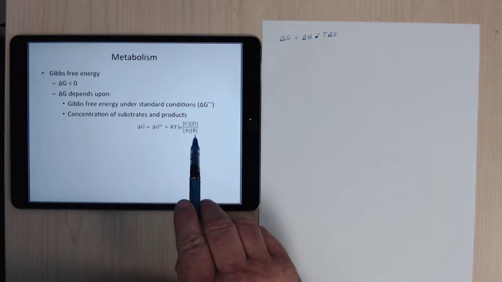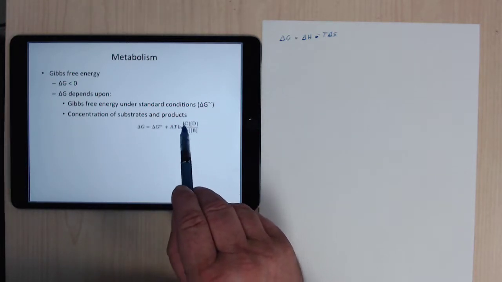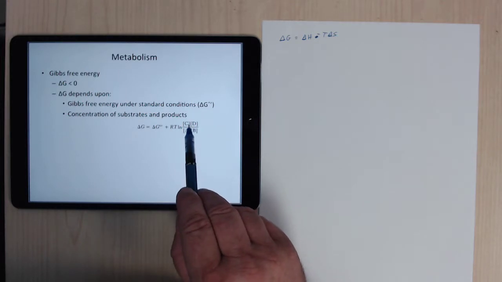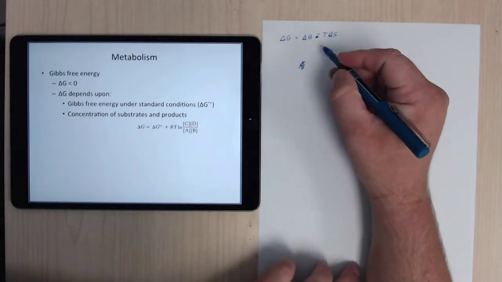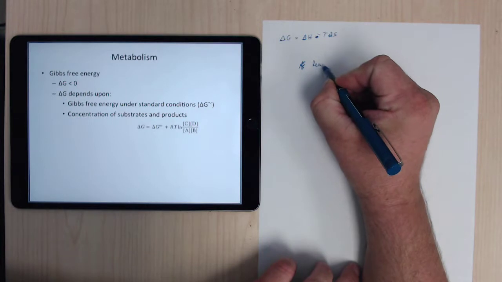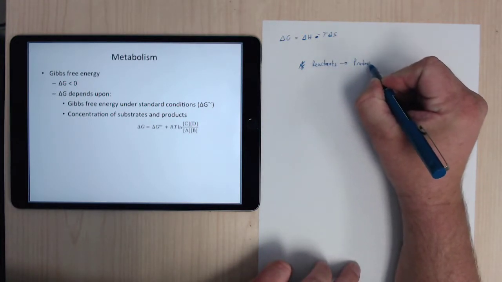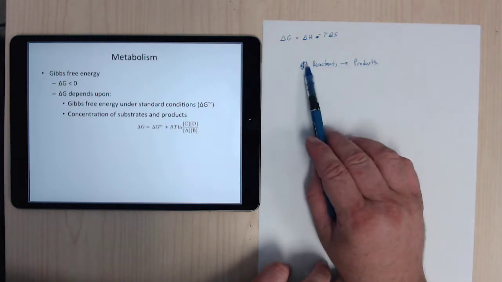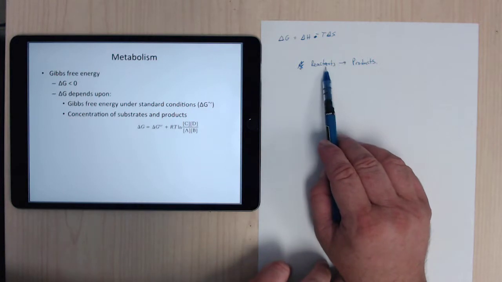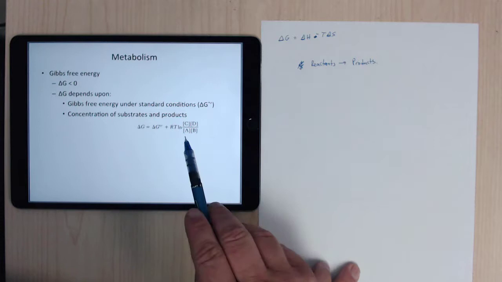You can either make this larger, which makes this overall thing more negative, or you can decrease the concentration of the products. If you think about reactants going to products, you can sort of think of this as Le Chatelier's principle, where if you add a bunch of these, the system's going to go make more product in order to balance out the reaction.